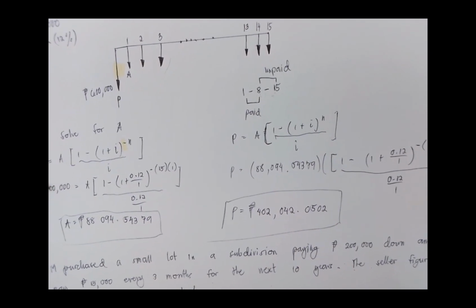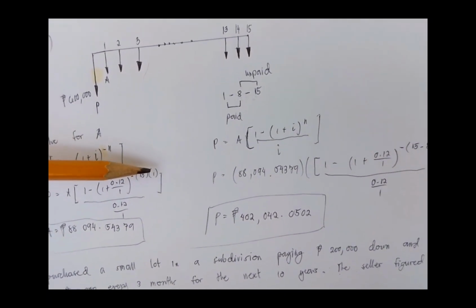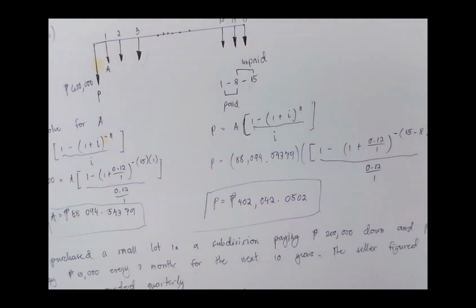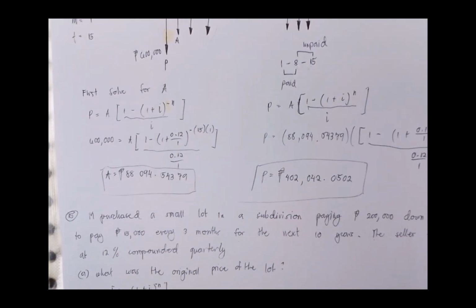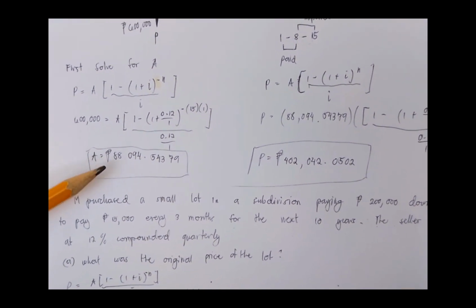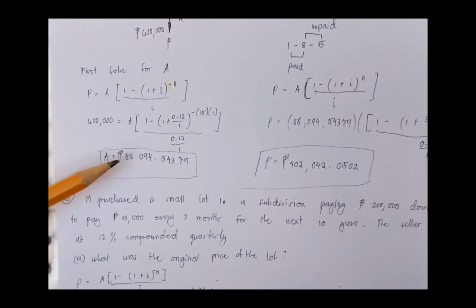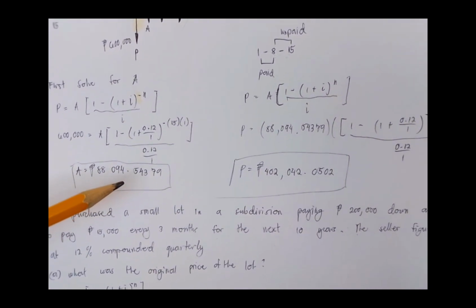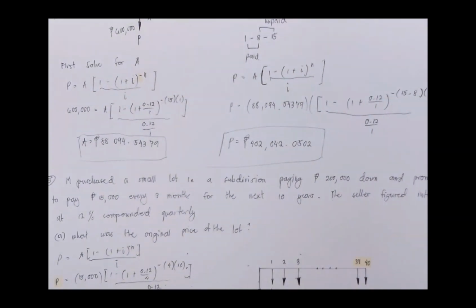Since it's a principal formula, we put a negative exponent. Using the calculator, shift solve, we get an annual payment of 88,094.54379 pesos.